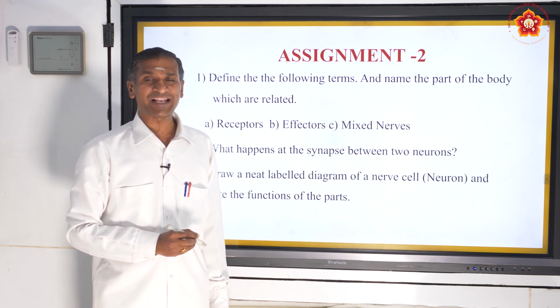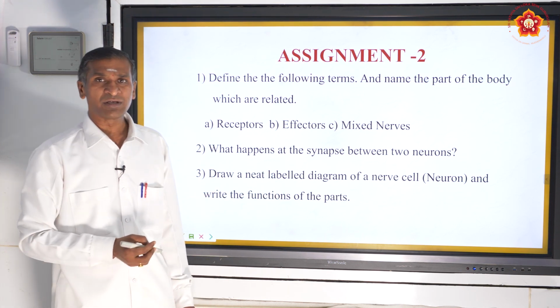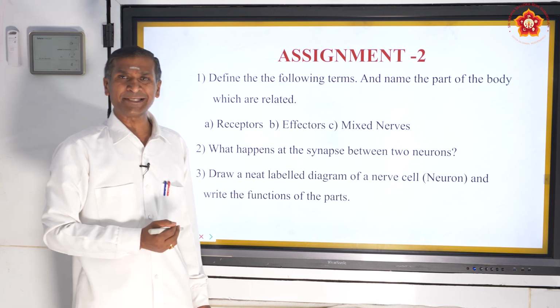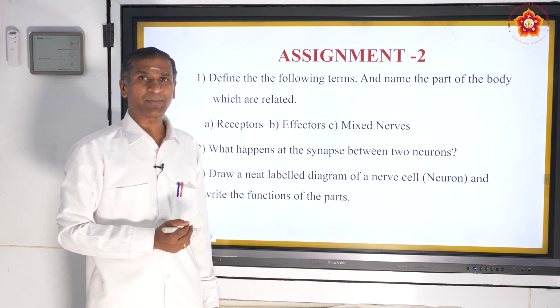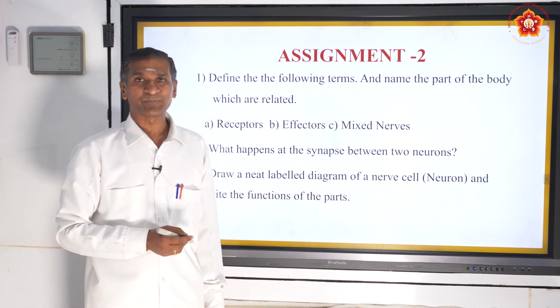The reason for telling this is that today you are dealing with a diagram, you have to draw. Draw it wholeheartedly, neatly, label the parts, write the functions and get benefited.